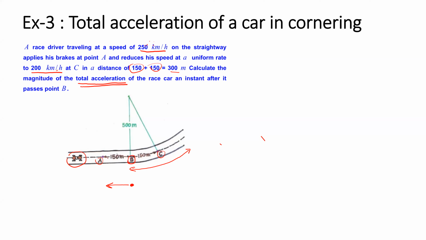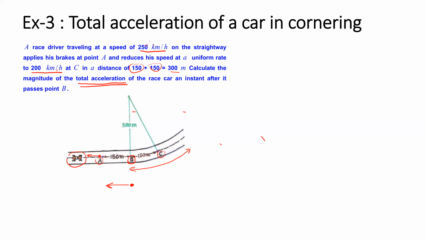And on the straight line at point A, it should have only the acceleration in this direction. But when it passed through the point B, it entered the cornering. It should have another component of the acceleration to make the car run in the curvature, in the curved part.